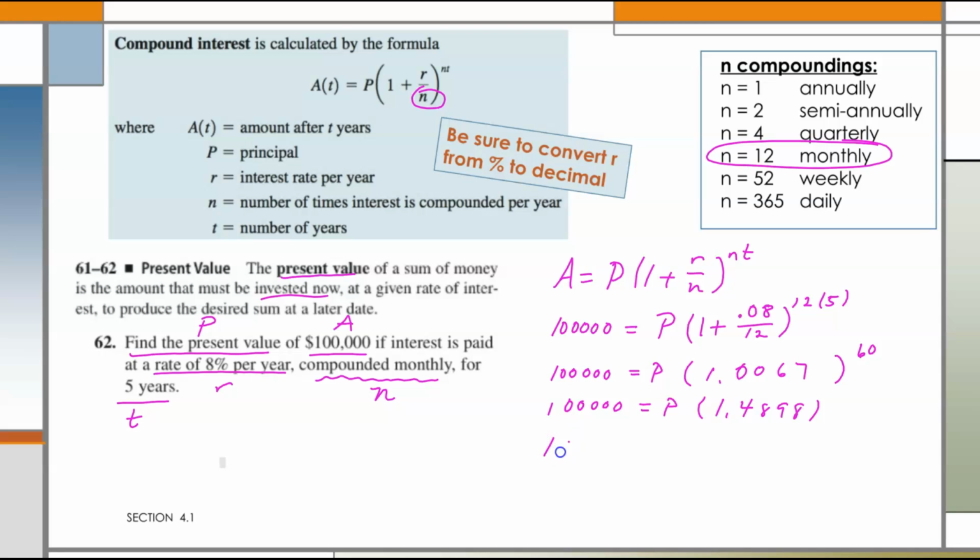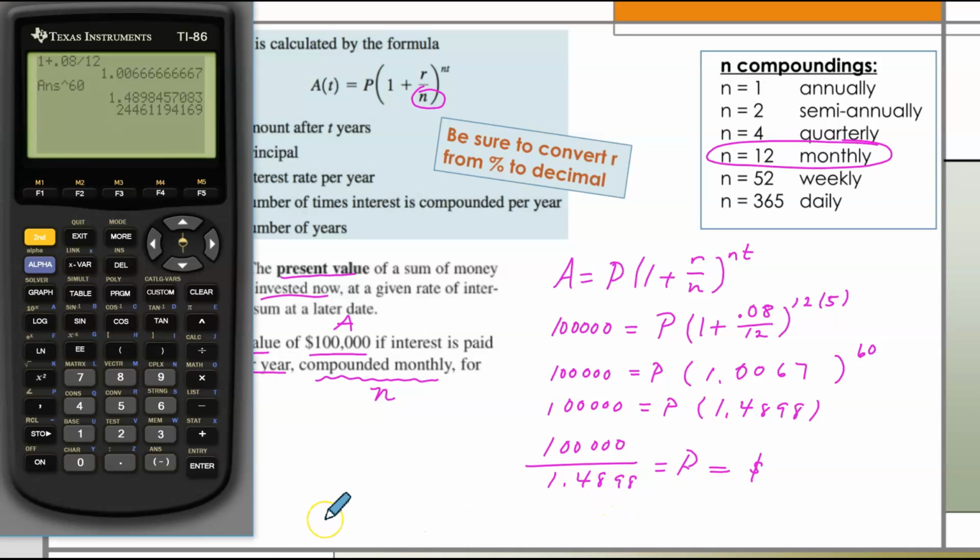So we're going to take 100,000 and divide it by 1.4898. And we want to not round too early. I'm not actually using just 4 decimals in my calculation. I'm going to use all the decimals available in our calculator.